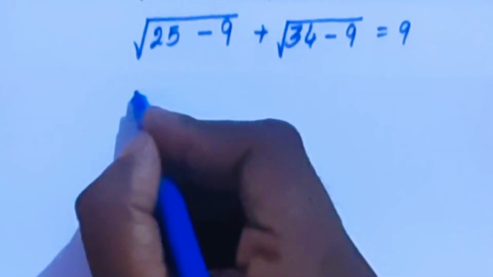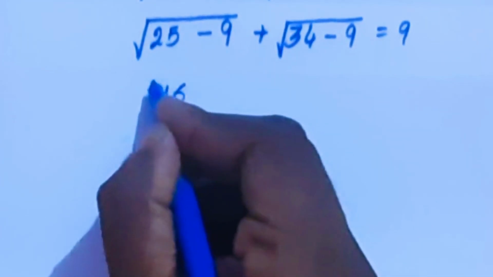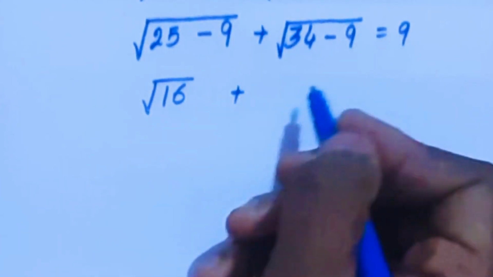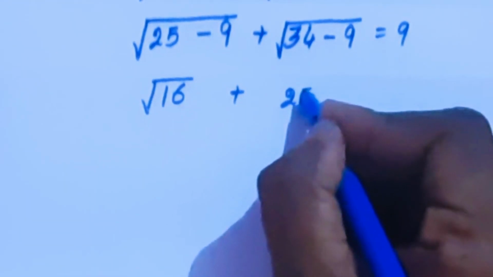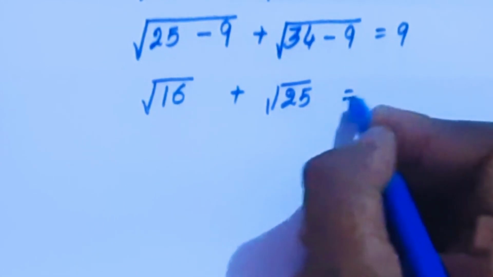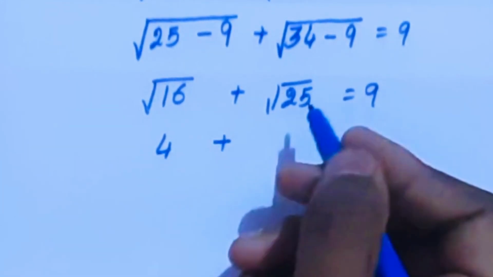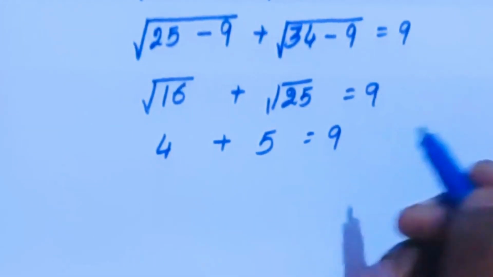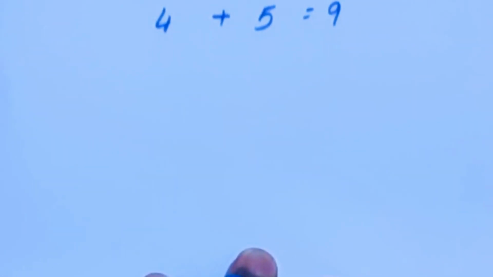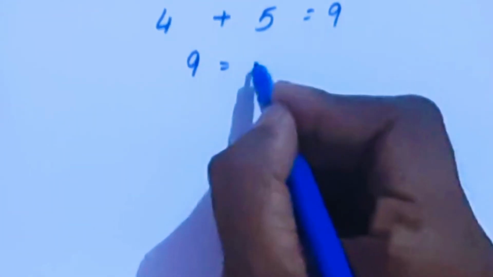Now this 25 minus 9 is 16 in square root plus here 34 minus 9 is 25 in square root equal to 9. Now the square root of 16 is 4 plus square root of 25 is 5 equal to 9. Now 4 plus 5 is 9 equal to 9.